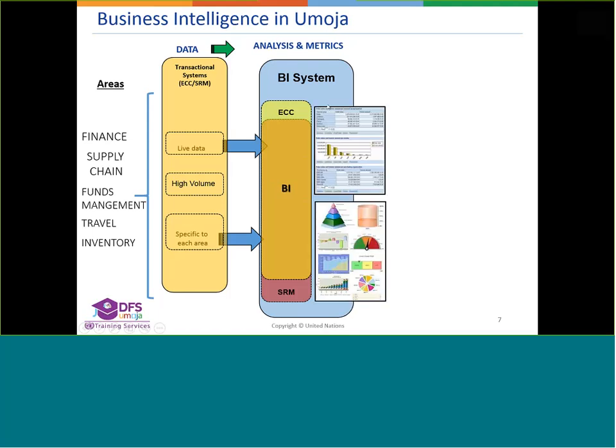Then we create reports in BI. These reports are very visual, and as I said before, we can create really nice reports with interesting views of data. And who can access these reports?